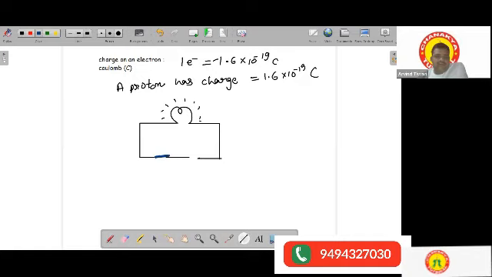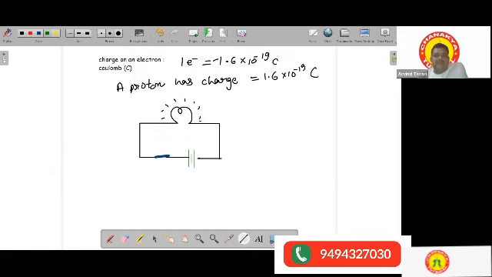Okay, this is a switch. And I'm putting here a battery or a cell. So this is the symbol I'm drawing for a battery.